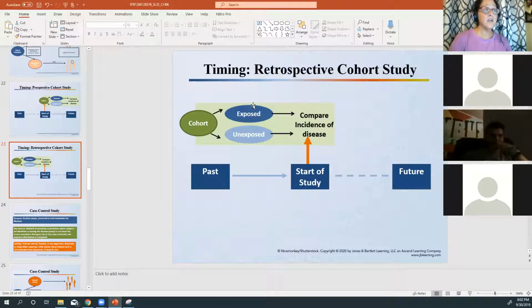I don't go backwards from incidence. I go backwards from exposed and unexposed, because that's the first thing. So I select my cohort, find out who's exposed, find out who's unexposed, and then look in the records to see if there's incidence of disease.